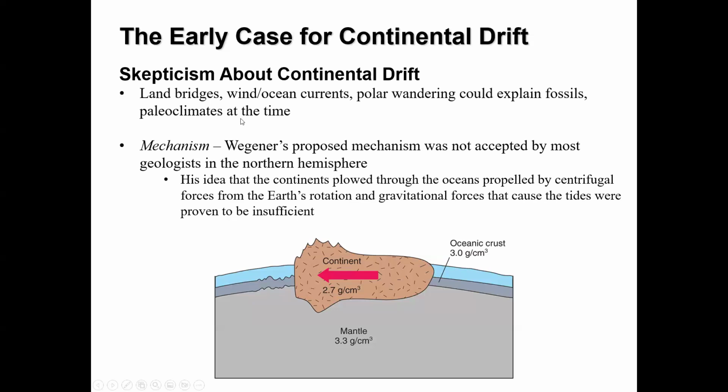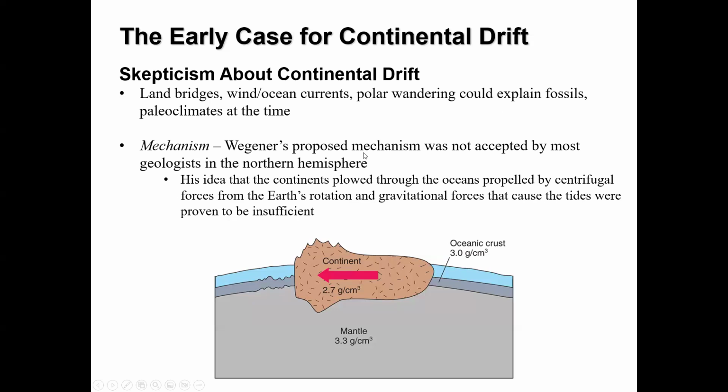And the paleoclimates at the time could be from polar wander. It doesn't necessarily have to be from continental drift. So it was met with a lot of skepticism and potential other explanations for why we see certain things in certain locations, not just continental drift.